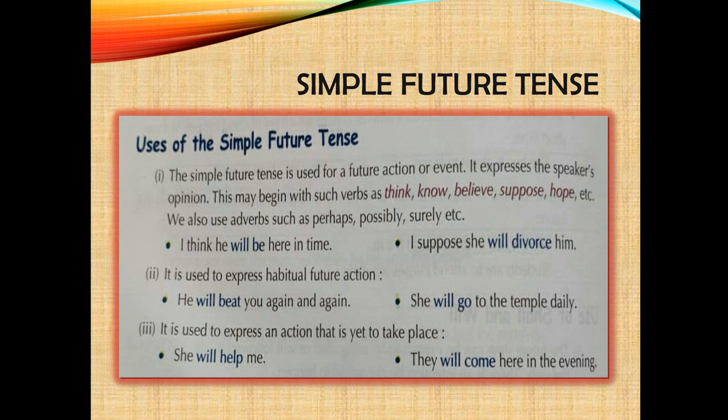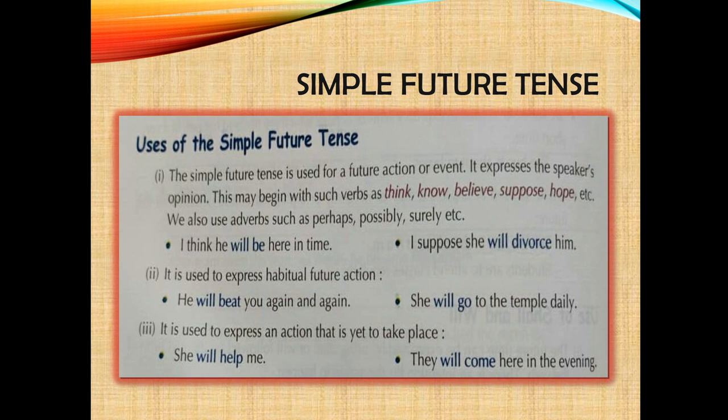Because this is about a future action or event and we aren't sure about it, right? So, the adverbs like perhaps, possibly, hope, suppose, right? Let's see the example. I think he'll be here in time. I suppose she will divorce him.